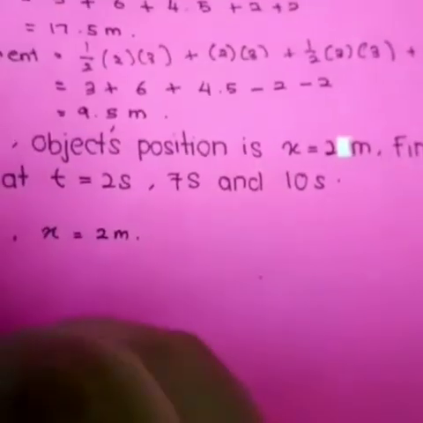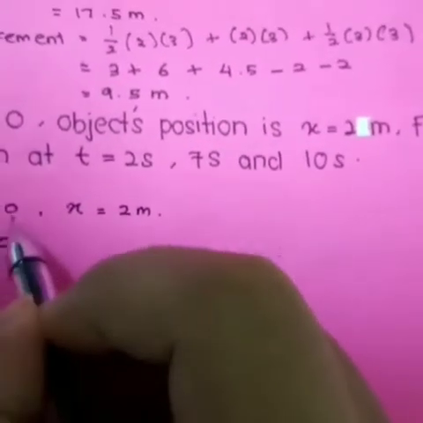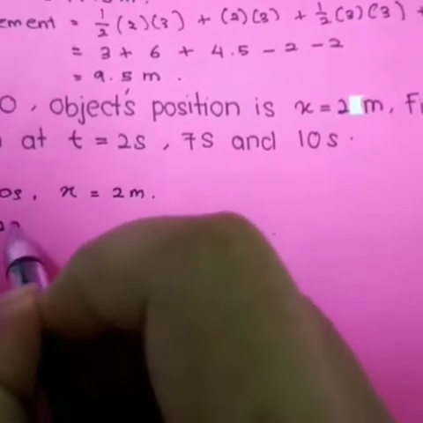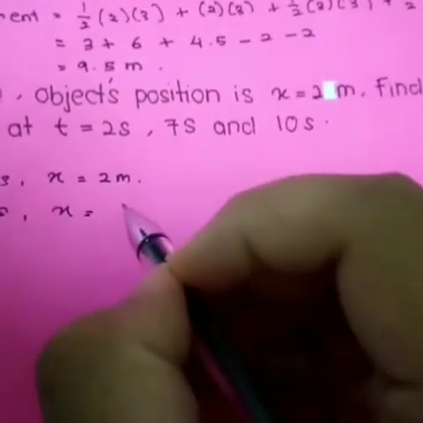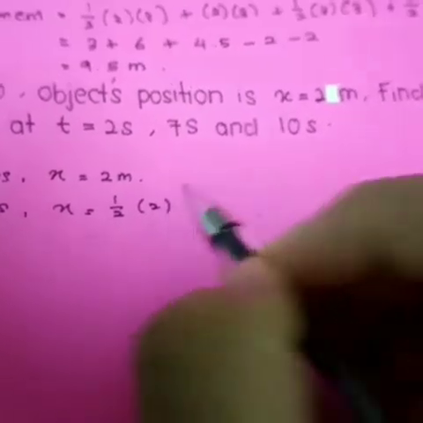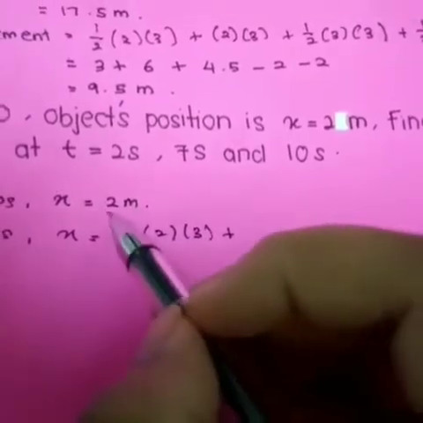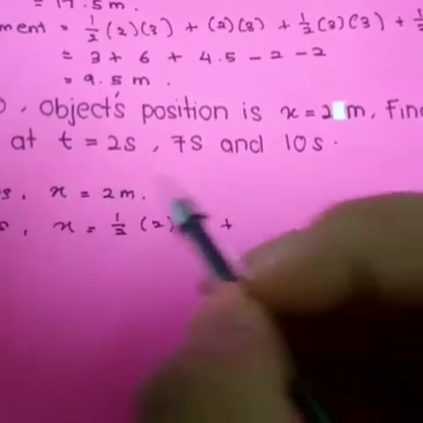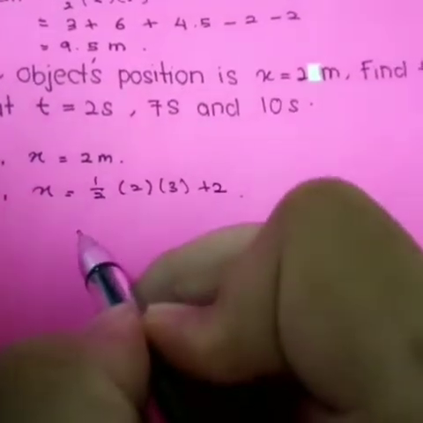So to find t equals 2 s, x we need to find using the same formula, which is the triangle formula again, and then we add the object's previous position, so 2.